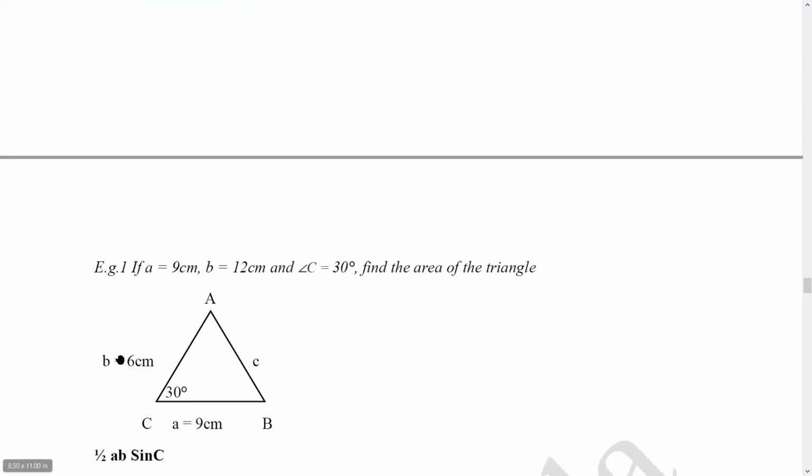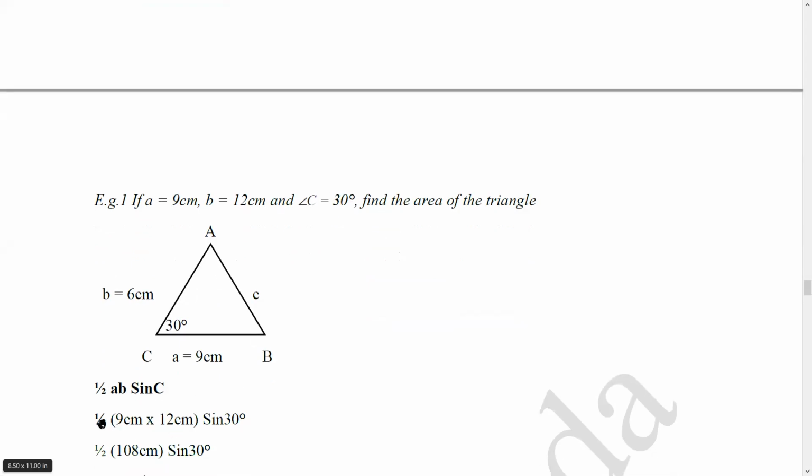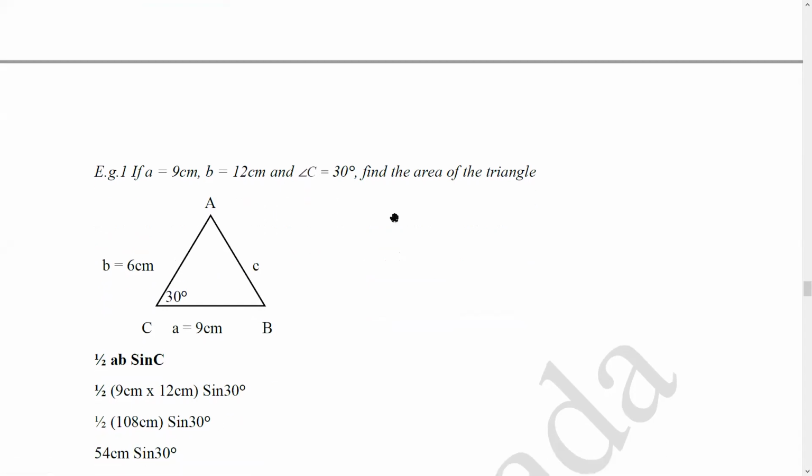You were given the two sides and the included angle. So it's a half of 9 by 12 centimeters sine C, and C represents the angle, so that's 30 degrees. A half of 108 is 54.